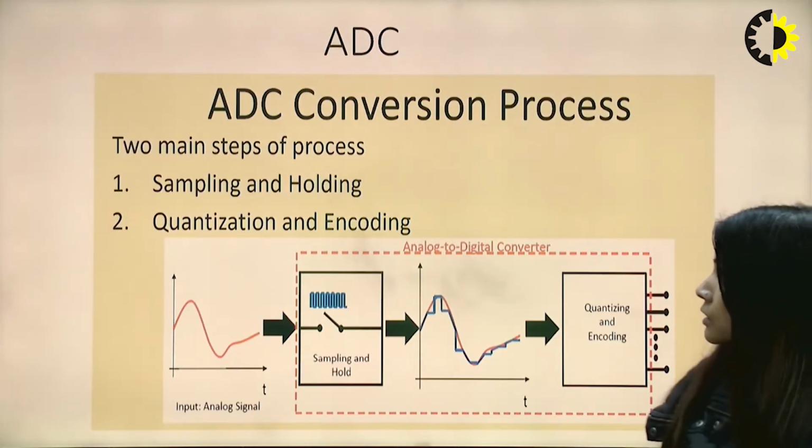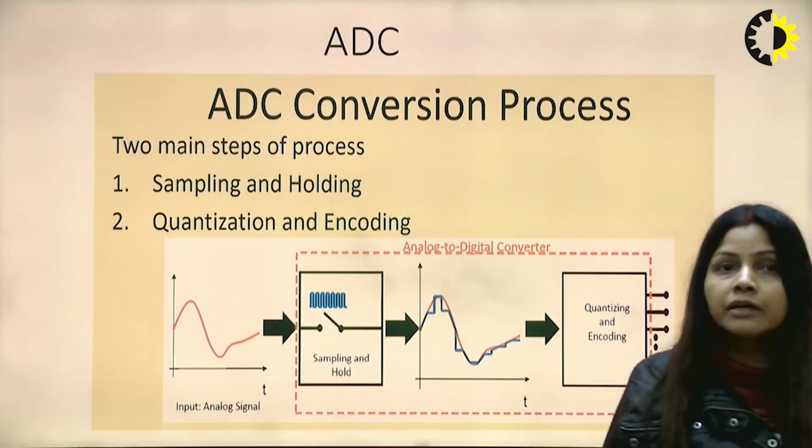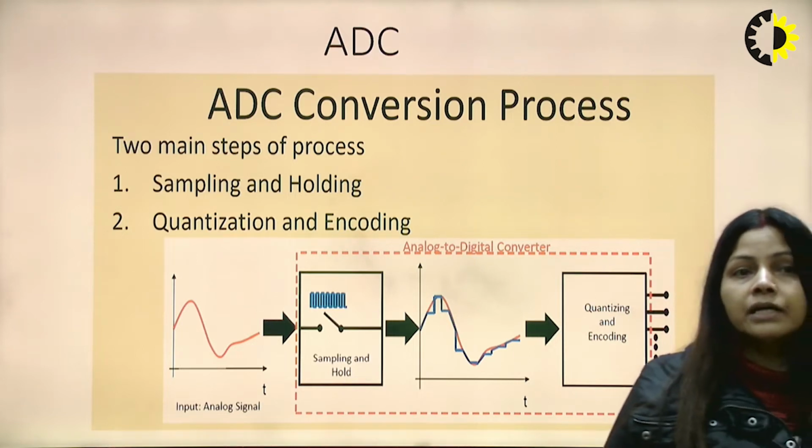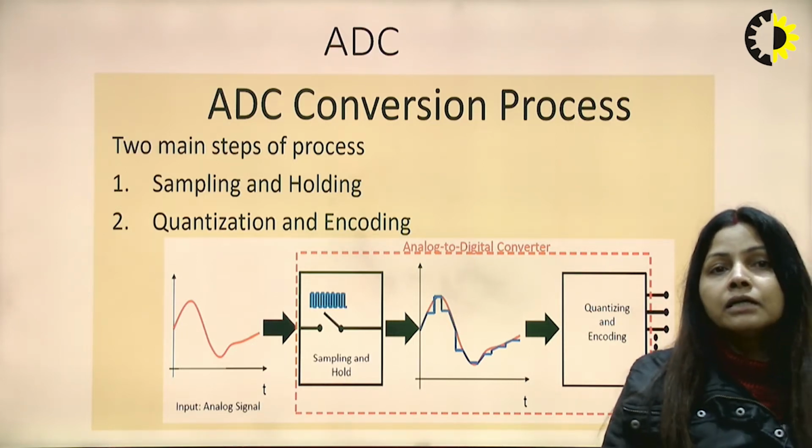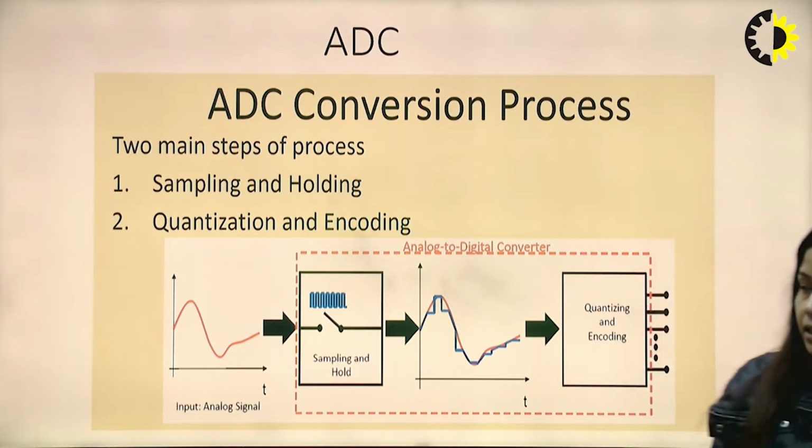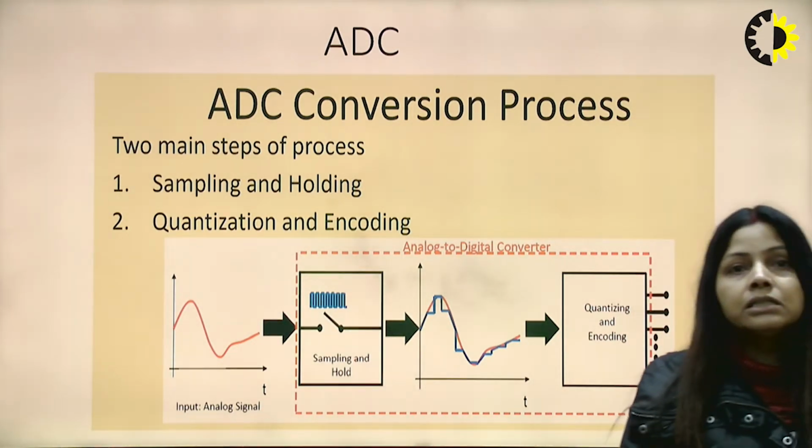So here, in the analog to digital conversion process, we must understand how the analog data is being converted to digital data. Basically there are three steps.